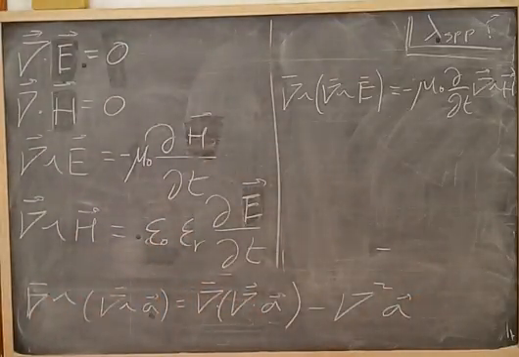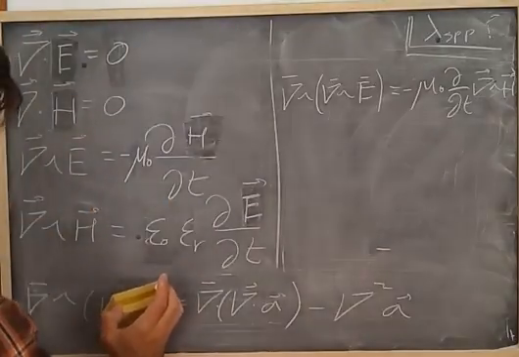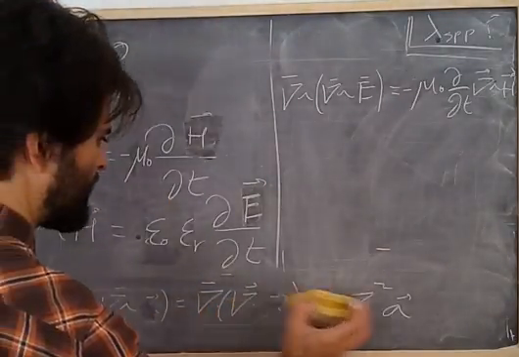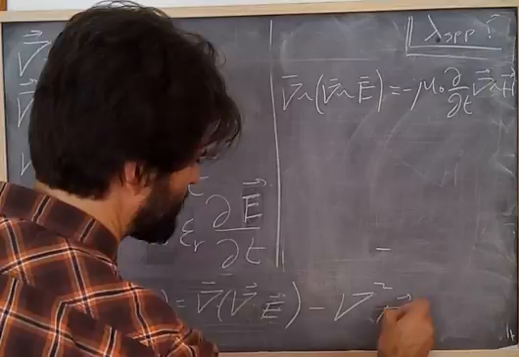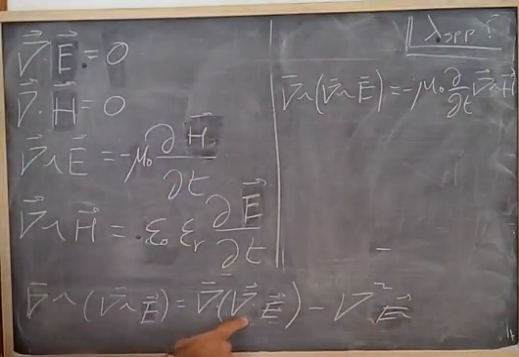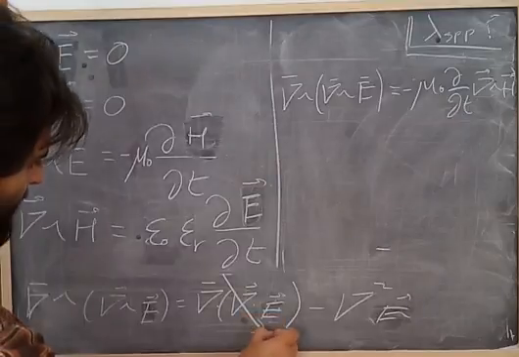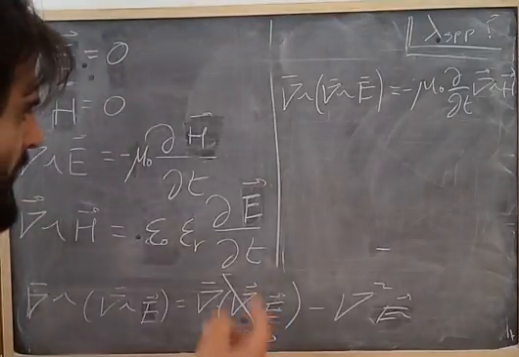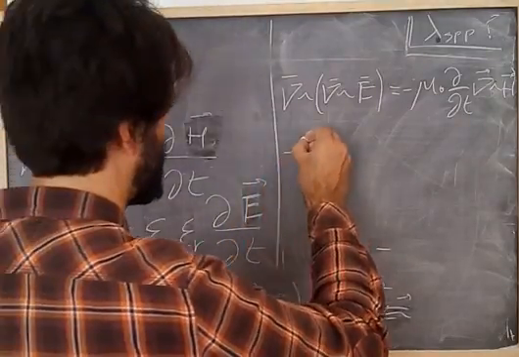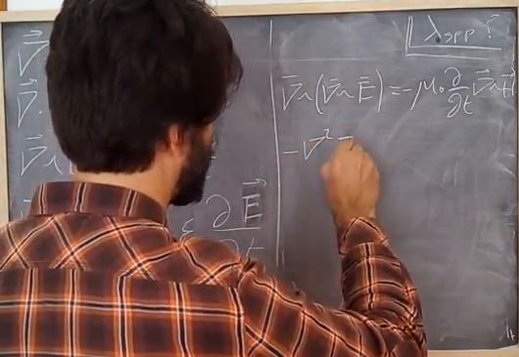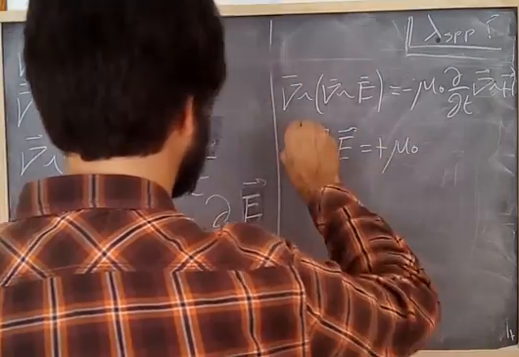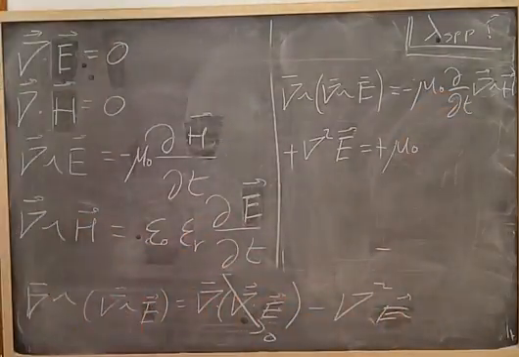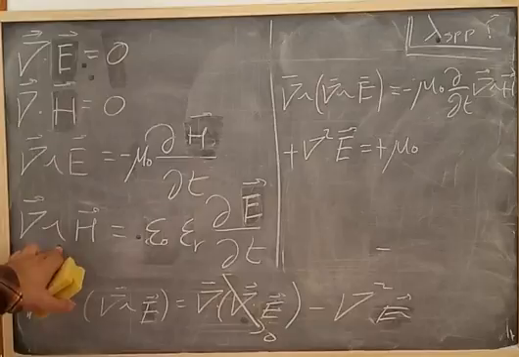If we change this by the electric field, and using the Gauss law, this element is 0. So we can rewrite this equation like minus Laplacian of the electric field, which is equal to minus mu 0 multiplied by the partial derivative of this equation, the Ampere's law.